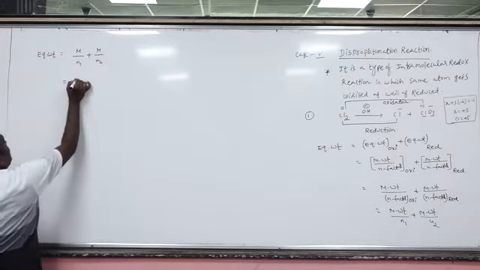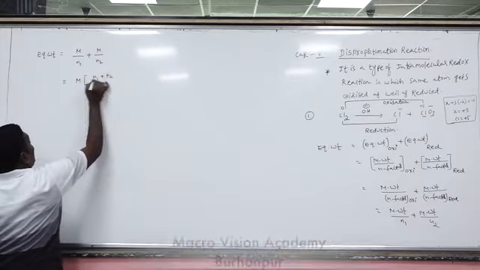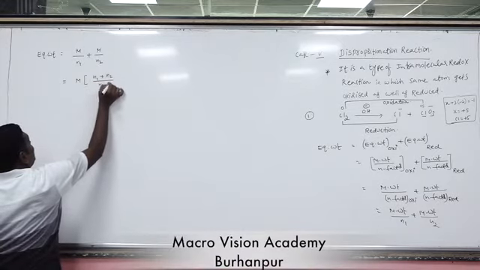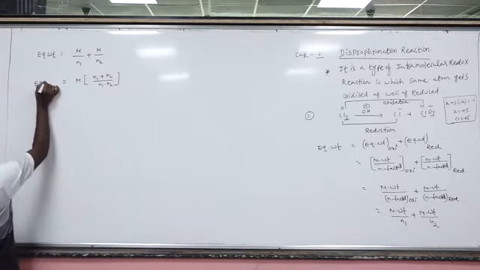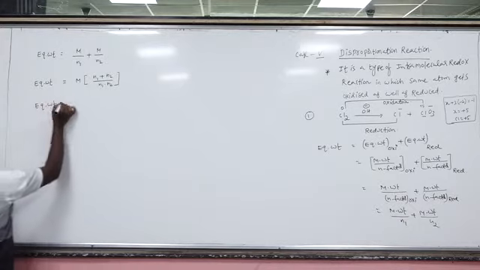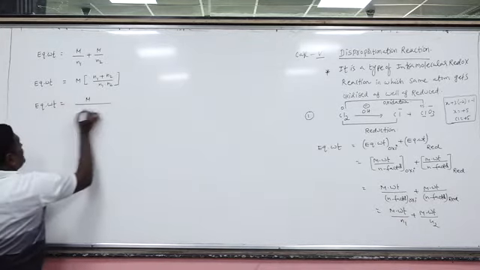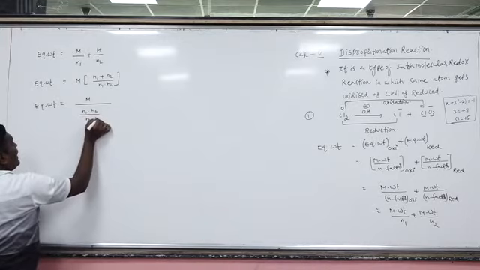M is common, so you have N1 plus N2 upon N1 into N2. This is the equivalent weight. Again, I am writing equivalent weight is equal to molecular weight upon N1 into N2 by N1 plus N2.